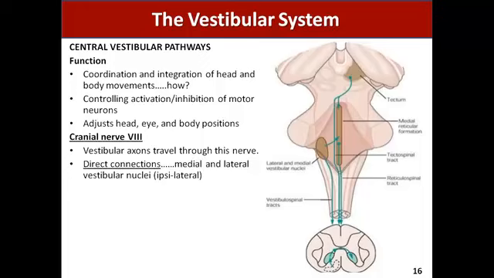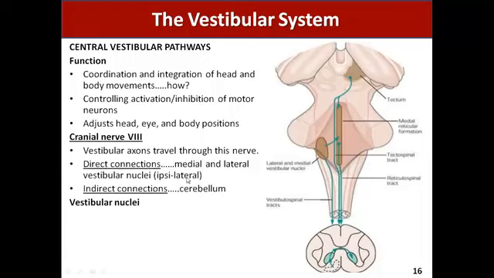At that point, they will then synapse and indirectly connect to various other neurons contained within the central nervous system. And so one such indirect connection is to the cerebellum, and we'll talk about some of these other indirect connections.